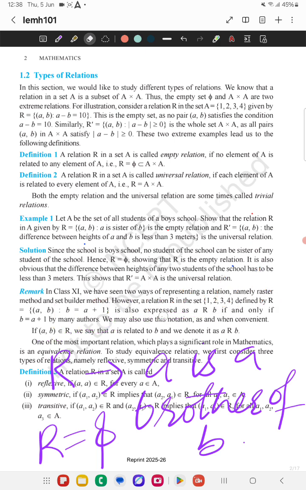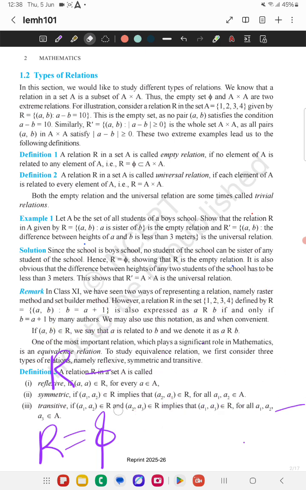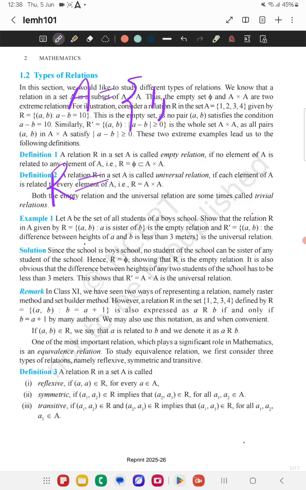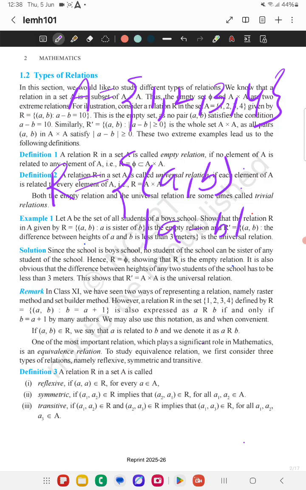Now let us proceed toward the universal relation. For the universal relation, I will take the same set, A equal to {1, 2, 3, 4}, and I will define R equal to {(a, b) such that modulus of a minus b is greater than or equal to 0}.